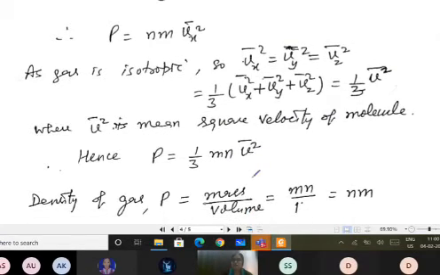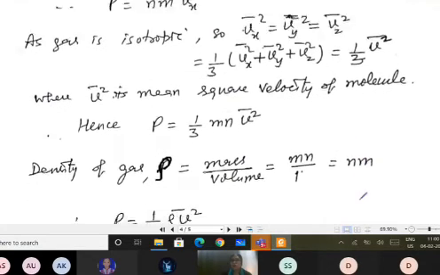I can also write this expression in terms of density, because density, which you write by the symbol rho, equals mass upon volume. The mass for n molecules is the mass of one molecule multiplied by the number of molecules. We are finding it for a unit volume, so volume is unity, and I'm getting it equals m n, or n m, the meaning is the same.